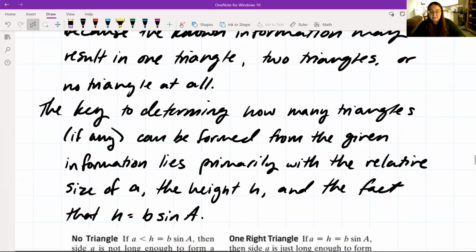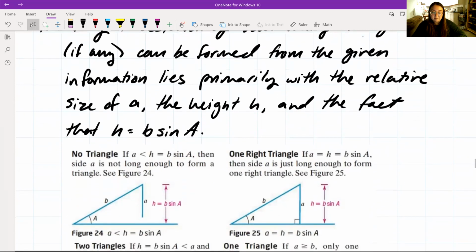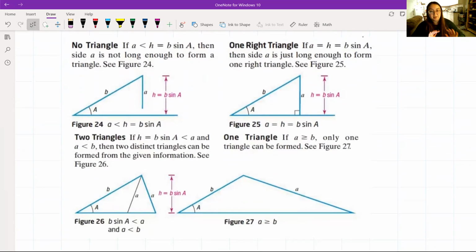So the key in this case to determining how many triangles, if any, can be formed from the given information lies primarily with the relative size of a, the height h, and the fact that h is equal to b times sine of A. So let's break this down a little bit more.